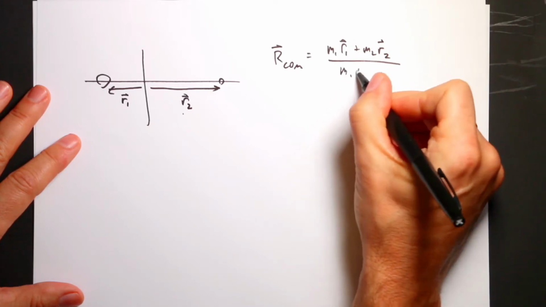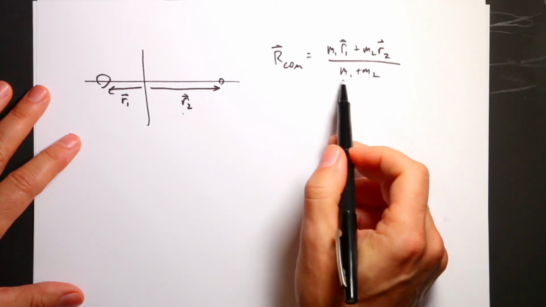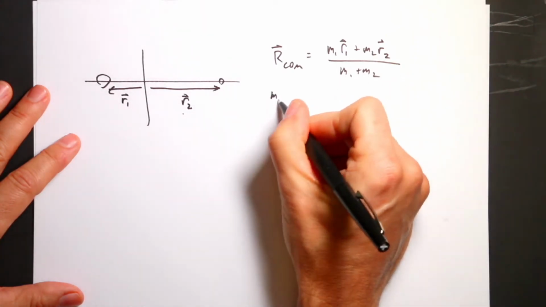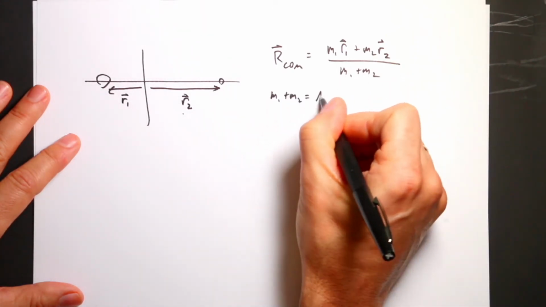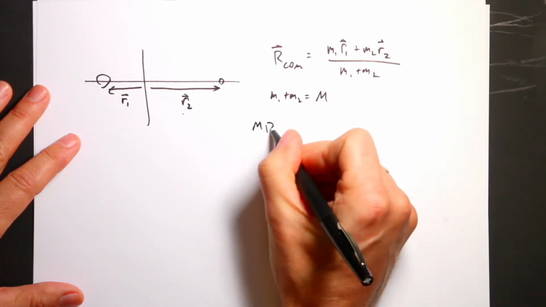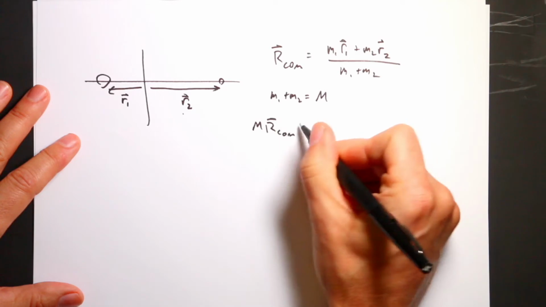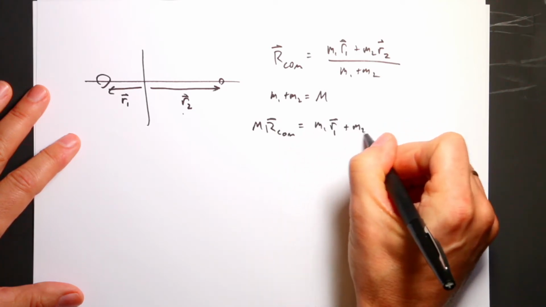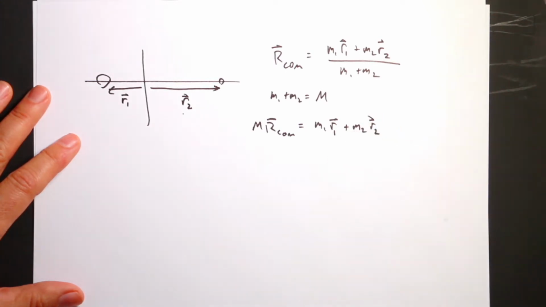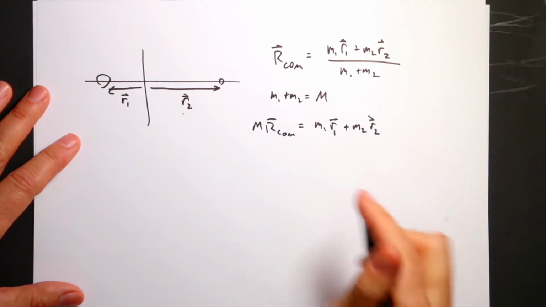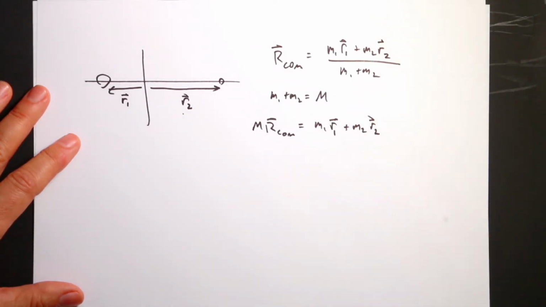Over M1 plus M2. So this is the total mass. So let's just say M1 plus M2 equals M. Then if I multiply both sides by M, I get M R center of mass equals M1 R1 plus M2 R2. Now, there's two things I could do. I could either take the derivative of both sides, or if you don't want to do that, you could divide by some time interval, delta t.